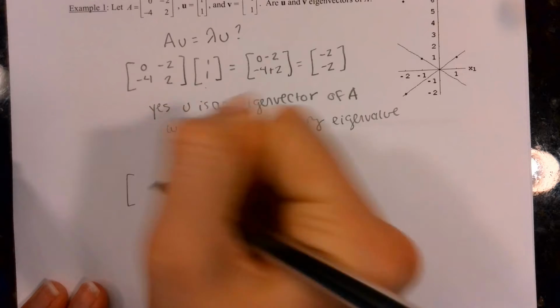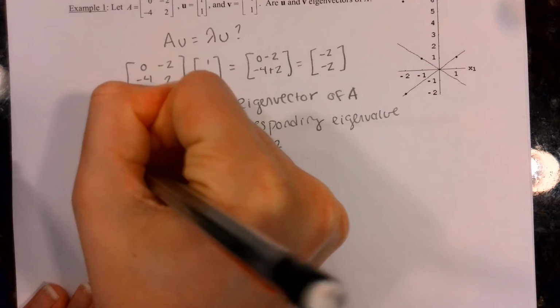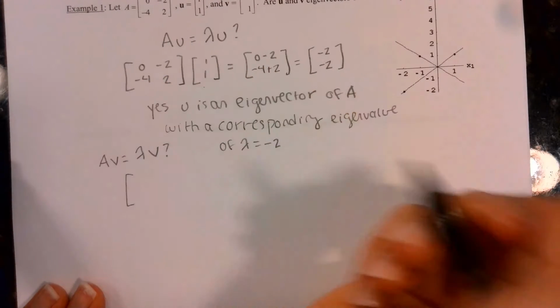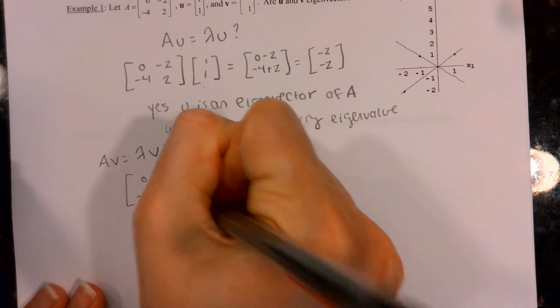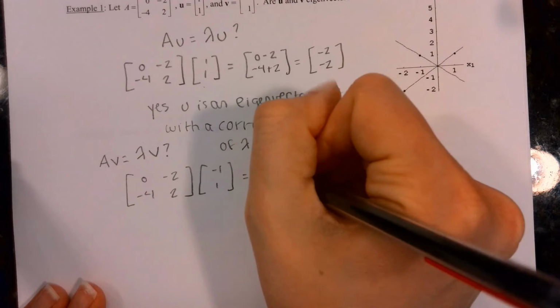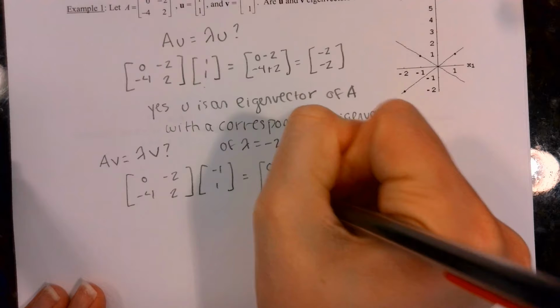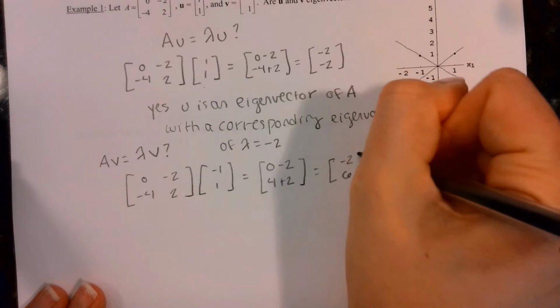So then, is V an eigenvector? Again, I'm asking myself, if I multiply A times V, will I get a constant times V? So A, again, is 0, negative 4, negative 2, 2, times the vector negative 1, 1. When I multiply that together, I am getting 0 minus 2, but then I'm getting 4 plus 2. So this is the vector negative 2, 6.